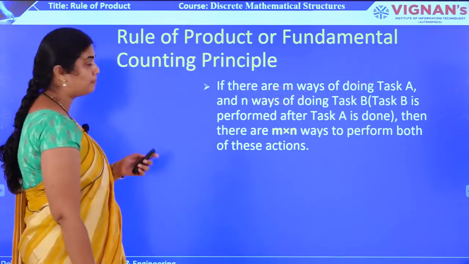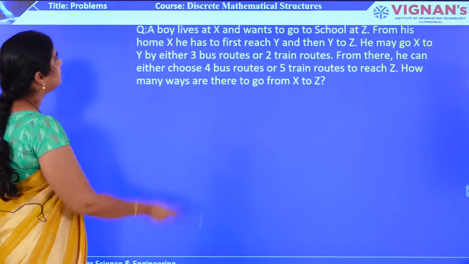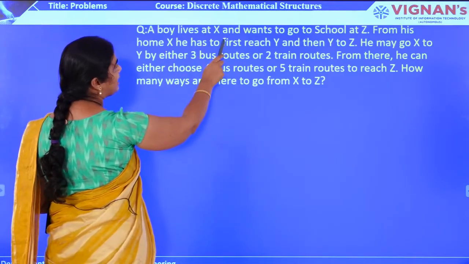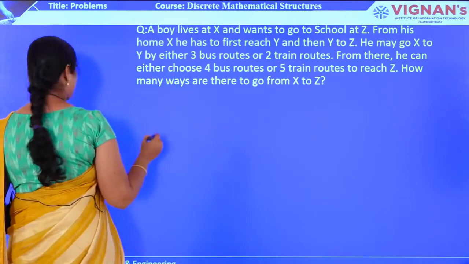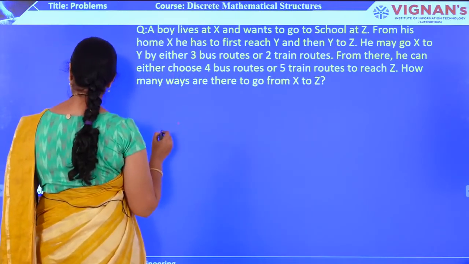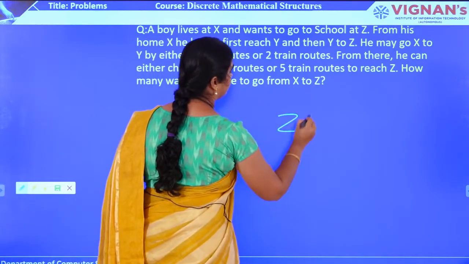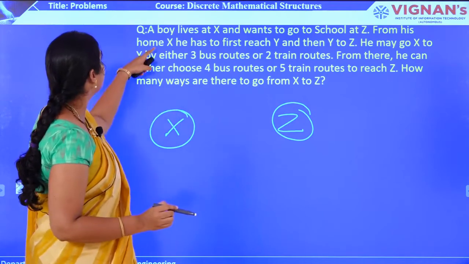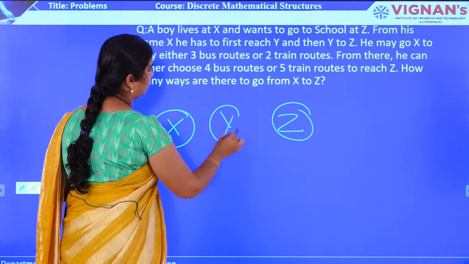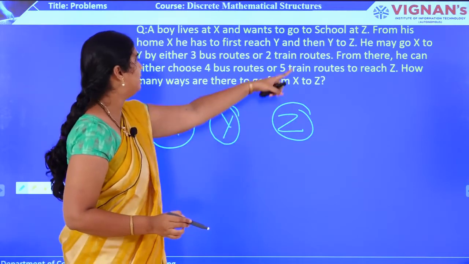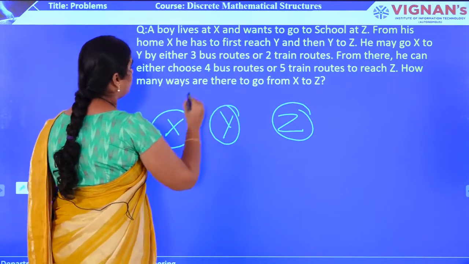Okay, I will explain through one problem, then you will be more familiar. See guys, a boy lives at X and wants to go to school at Z. From his home X, he has to first reach Y, and then Y to Z. He may go to Y by either 3 bus routes or 2 train routes.